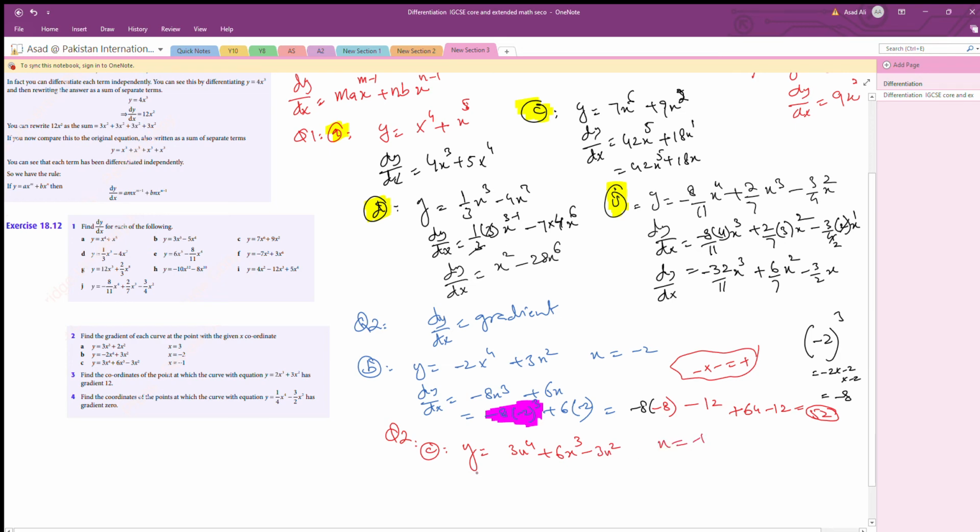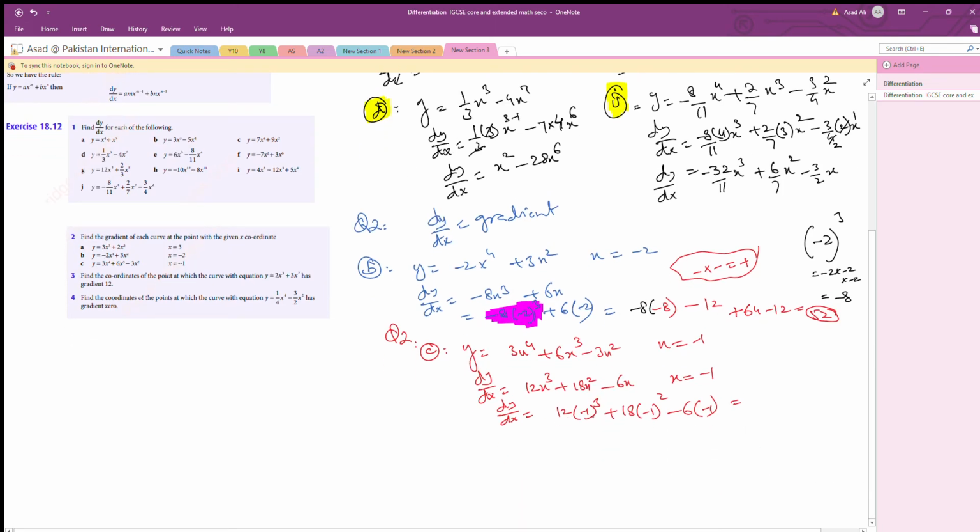So find dy dx, which is 12x power 3 plus 18x power 2 minus 6x. Now let's substitute minus 1. So dy dx is 12 into minus 1 power 3 plus 18 into minus 1 power 2 minus 6 into minus 1, and get the result.